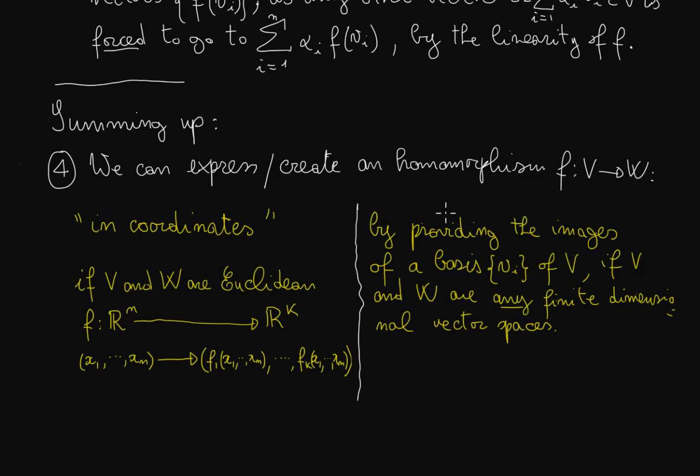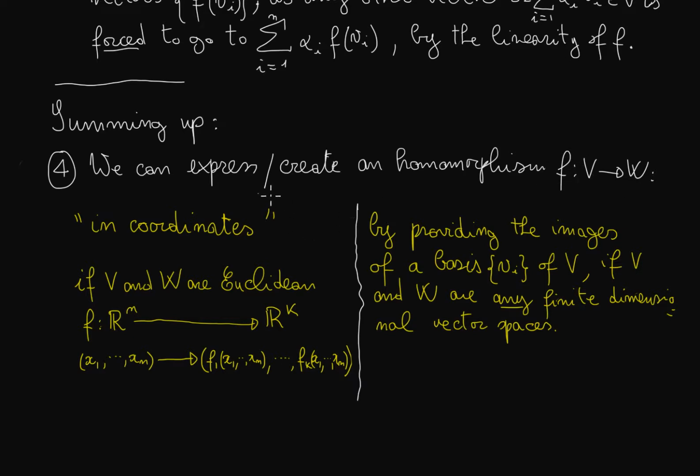We can express f by providing the images of a basis vi of V if V and W are any finite dimensional vector spaces. Unlike before, when V and W are not assumed to be Euclidean, this is the only way we can actually communicate or determine a homomorphism between V and W.